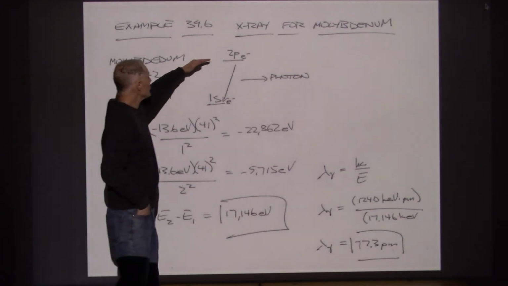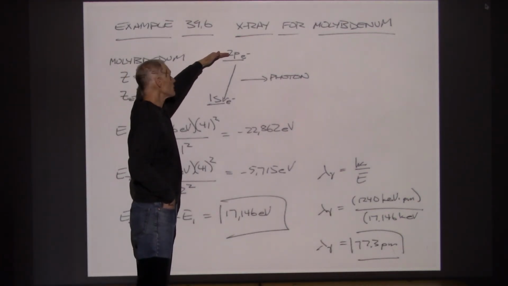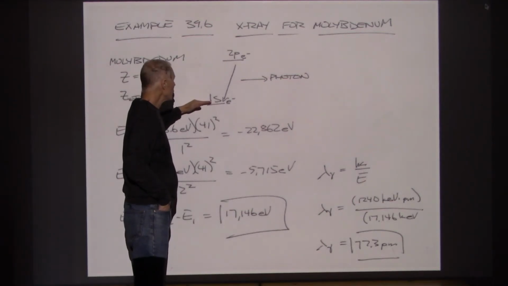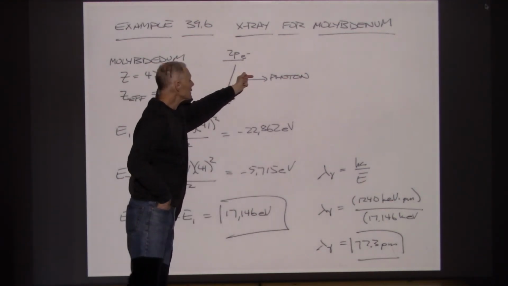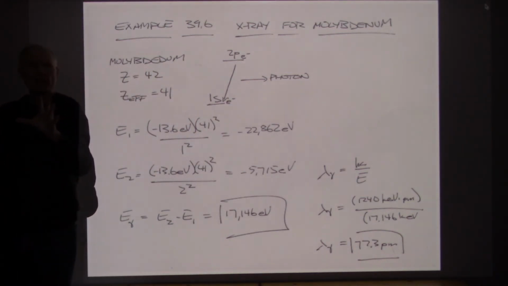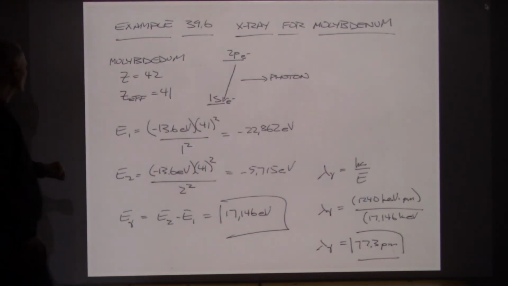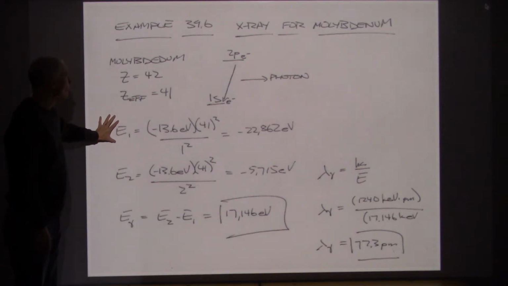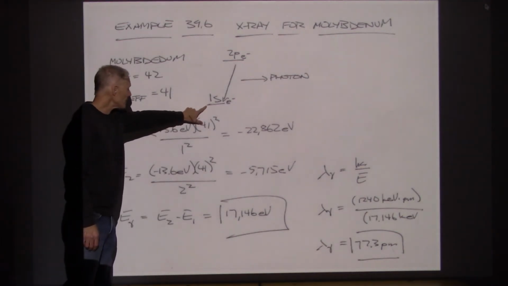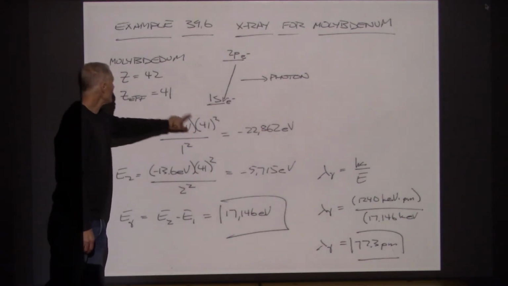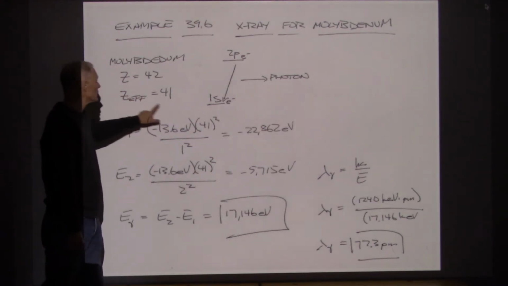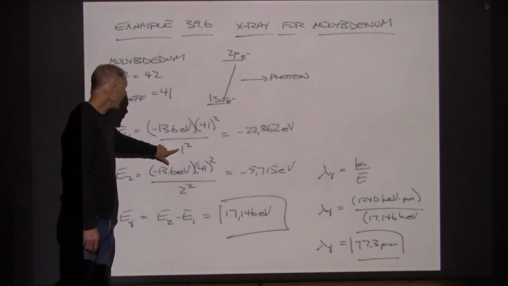And then I think in terms of the electron dropping maybe from a 2p state into a 1s state, and that difference in energy will get bundled up and generate a photon. So the energy of the lower state is my negative 13.6 times my Z effective squared, divided by 1 squared.